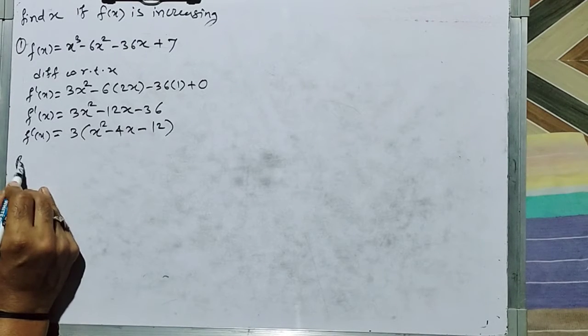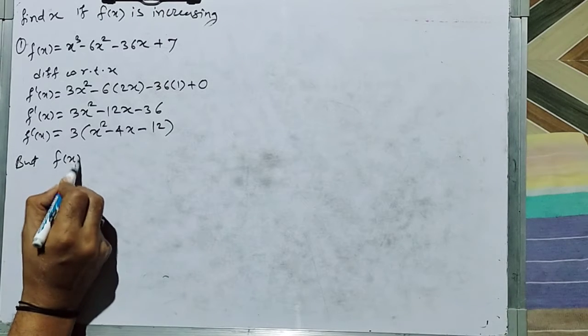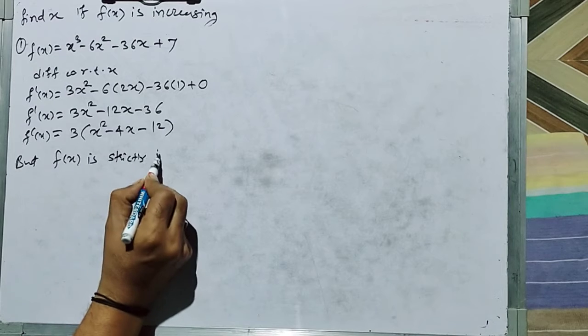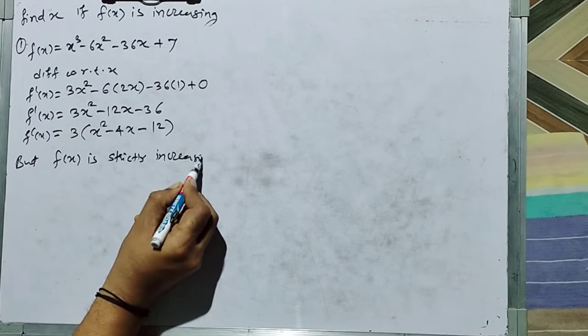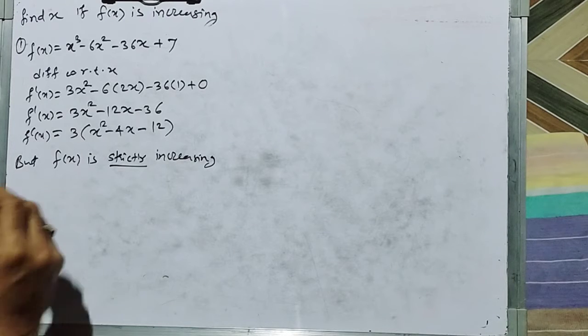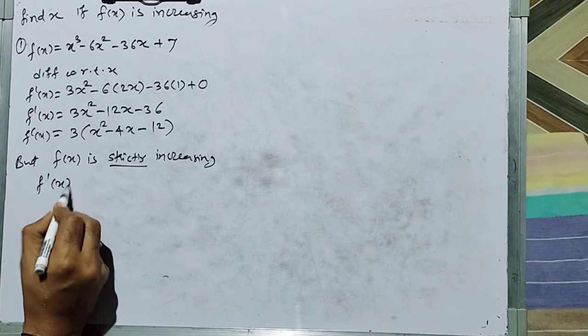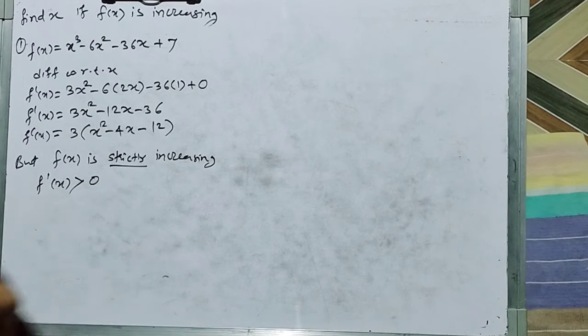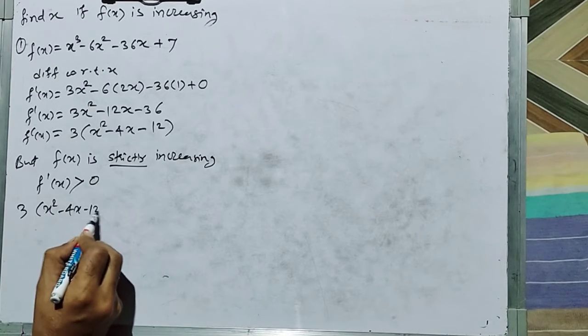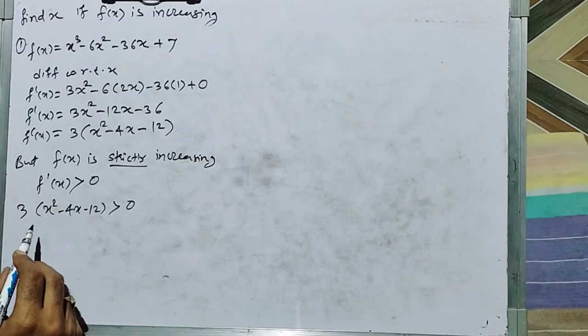Now here, f(x) is strictly increasing. Here strictly increasing or monotonically increasing, f'(x) must be greater than 0. It means 3 into (x² - 4x - 12) is greater than 0.